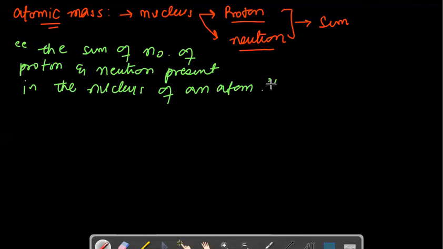Okay, so the sum of the number of protons and neutrons in the nucleus would be the atomic mass of an atom. Or you can also call the atomic mass as mass number.